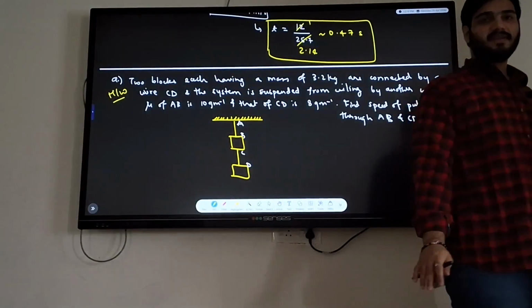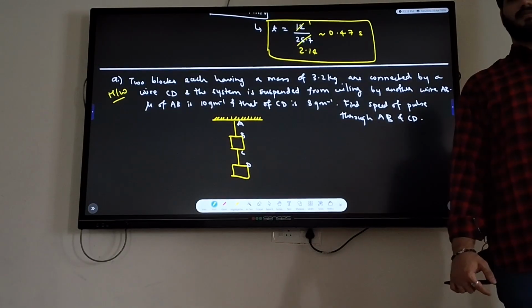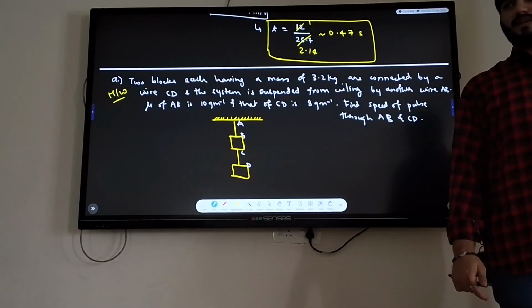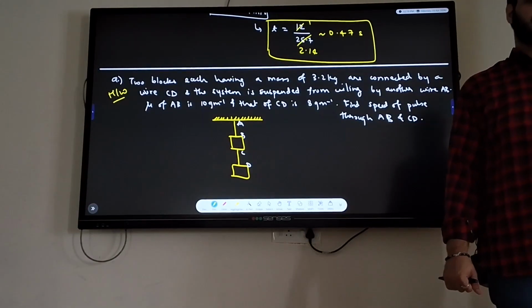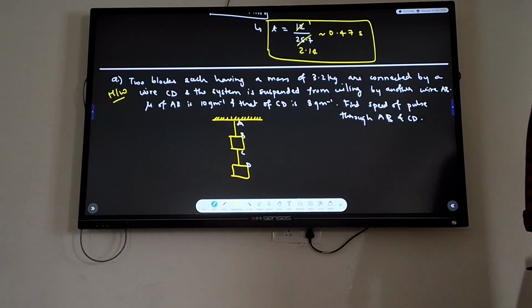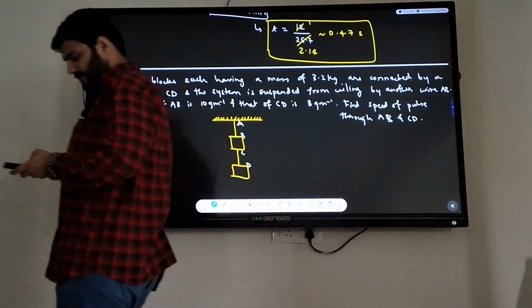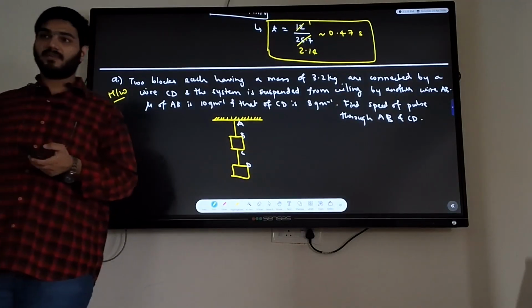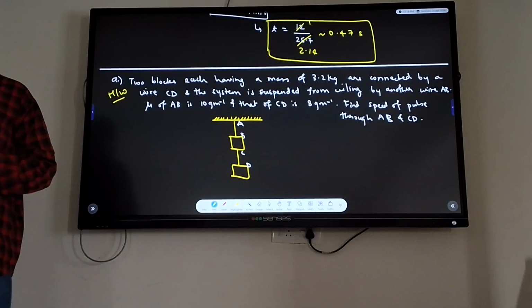What will be the only difference in this question? Can you already guess? The tensions in each string. Otherwise, the values are already given to you. So it will be a piece of cake. I think I have given you a very complicated system of strings. You can easily find the tension in a simple system.